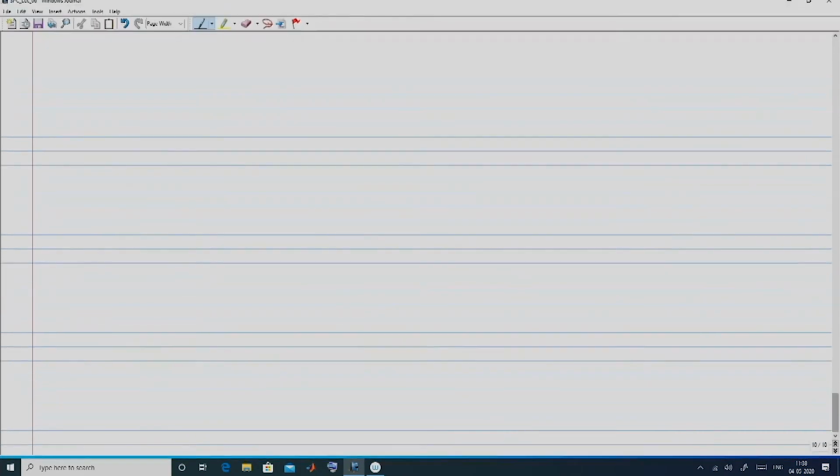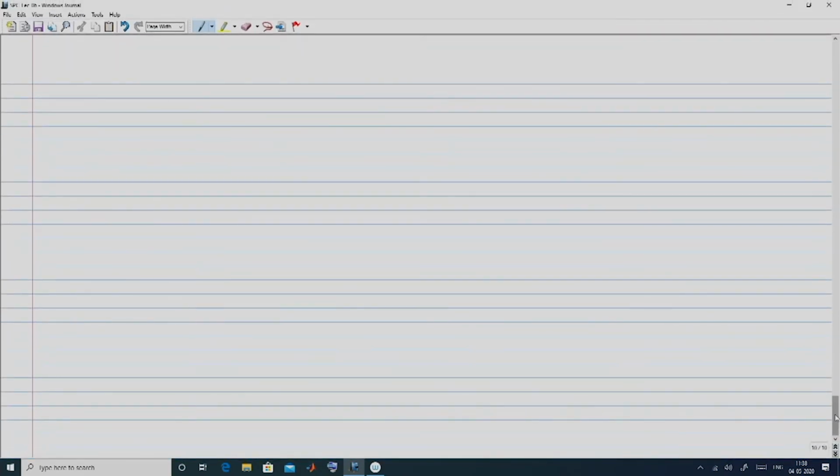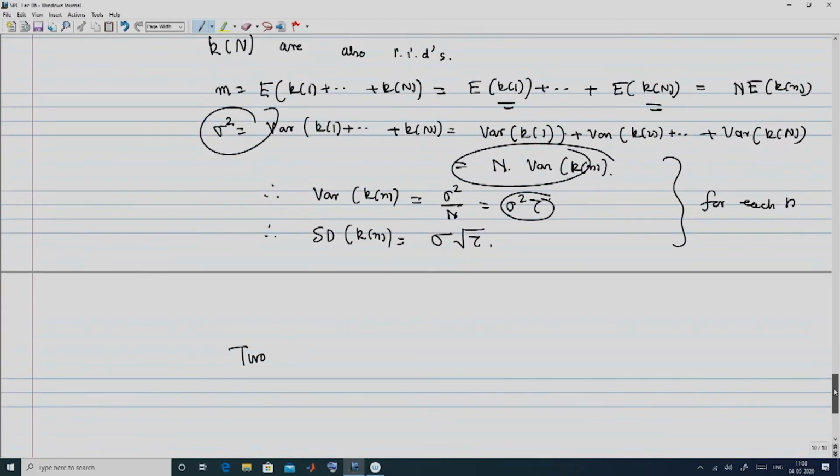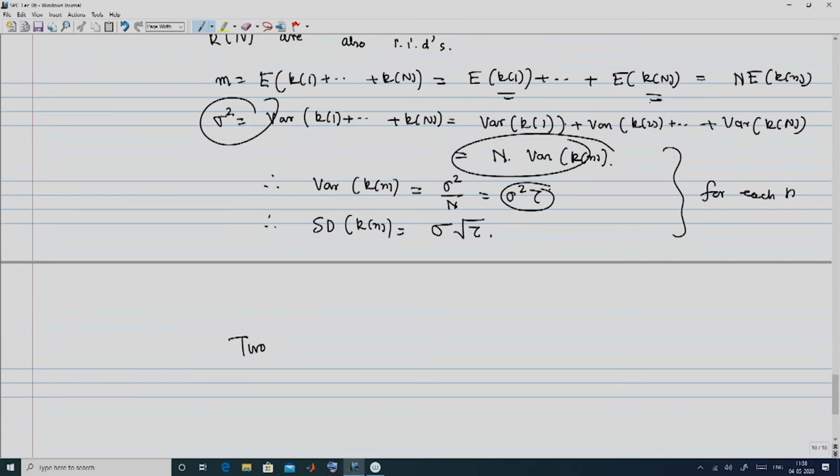Okay. Now, here we will look at a slightly simplifying assumption. We have seen that the expected value of k n is m over n, which is equal to m tau.